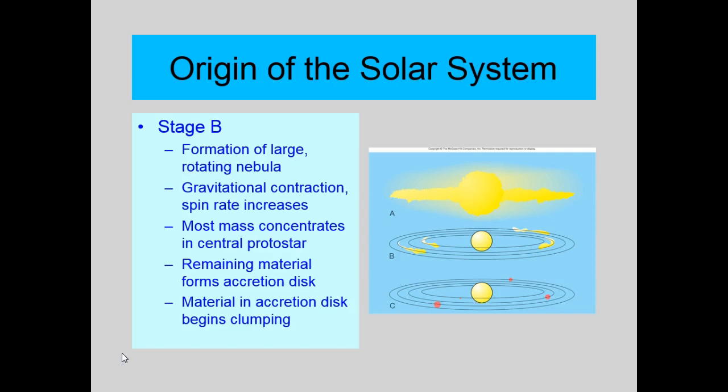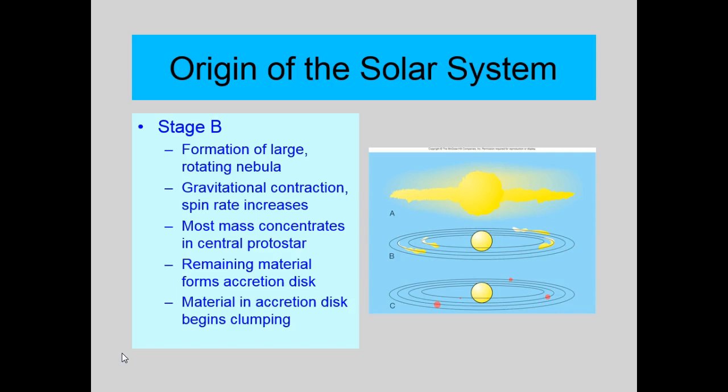Okay? So that's stage B, basically still in the protostar stage, and the masses that were in the disk around it are sort of just clumping together. They're still gaseous, they're still hot, they're still not formed, and supposedly that next band out there never clumped, came together. Okay?